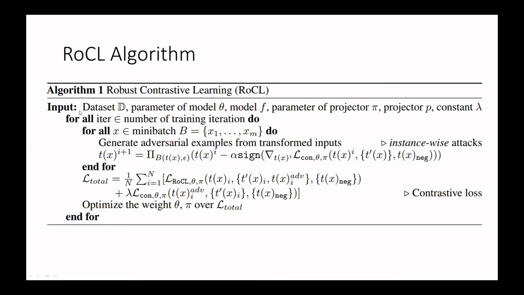we take as input a data set D, parameter of model theta, model F, parameter of projector pi, projector P, and constant lambda. So for each training iteration and for each mini batch, we generate adversarial examples from the transformed input by its formula, which is nothing but an instance-wise attack.